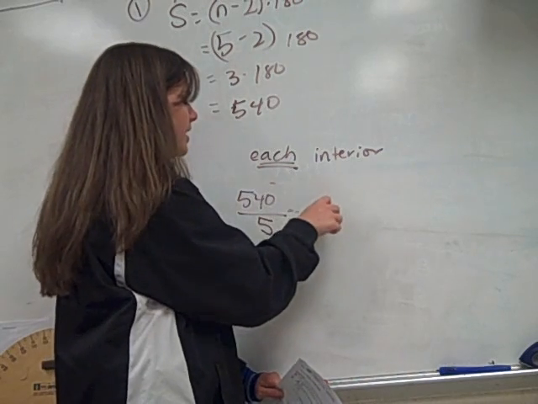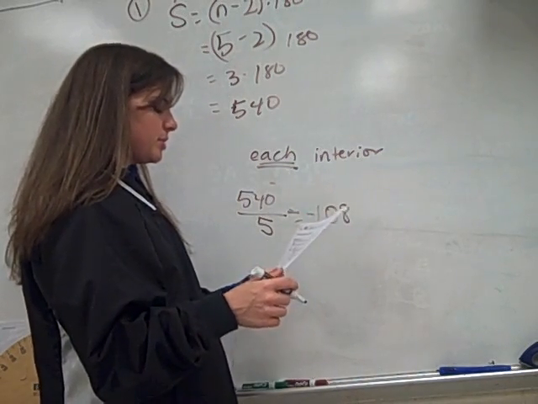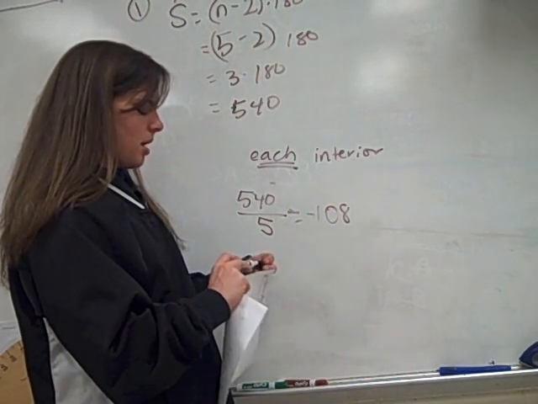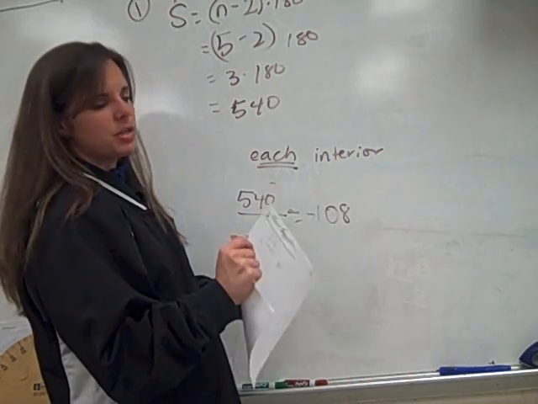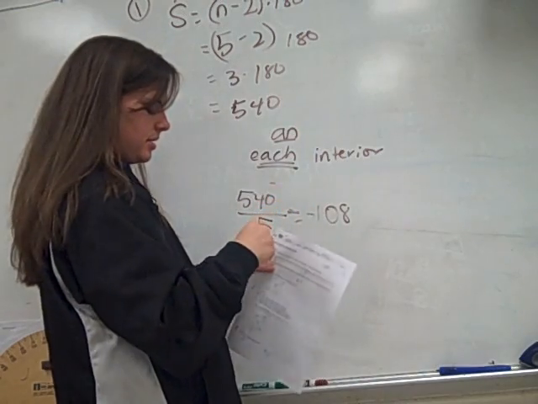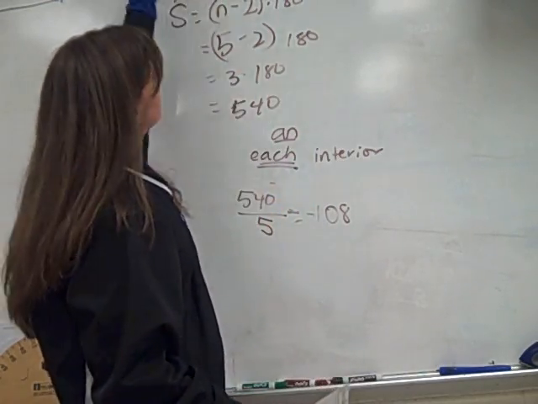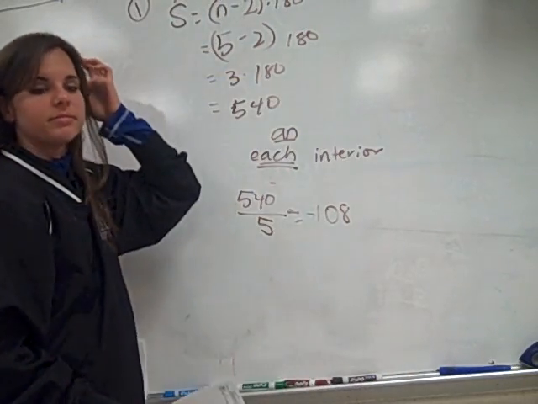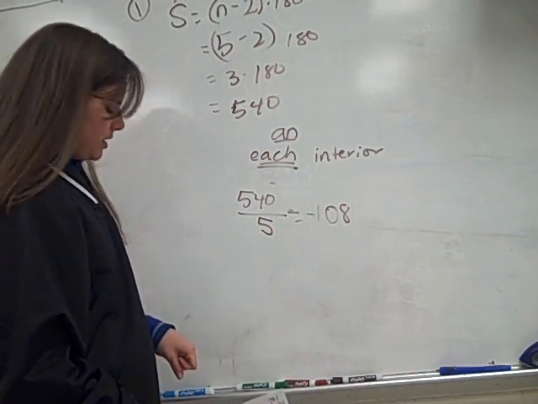Okay, when you do that, you do get 108, which is your correct answer, which is B. On your test, look for these keywords, each interior angle. This little word "one" is very, very important. We're just talking about 1. If they tell you sum, that's when you want the big number. But if they say one of these, you got to do one step after that. You got to divide.